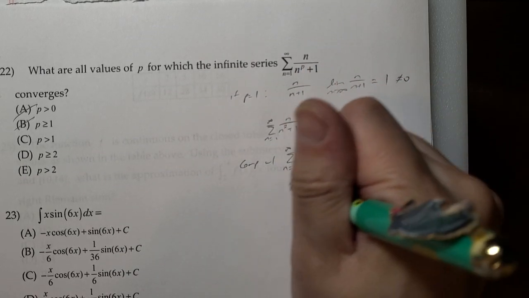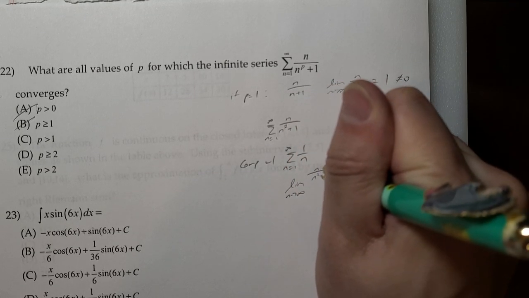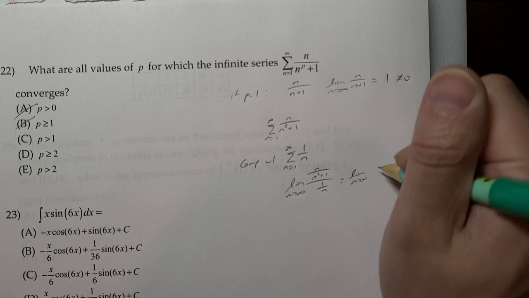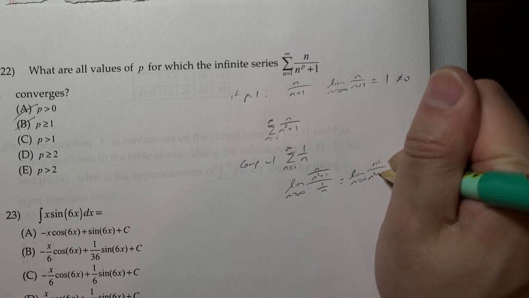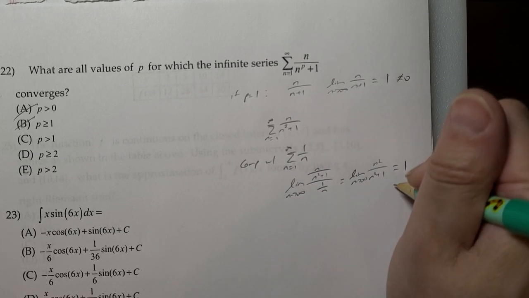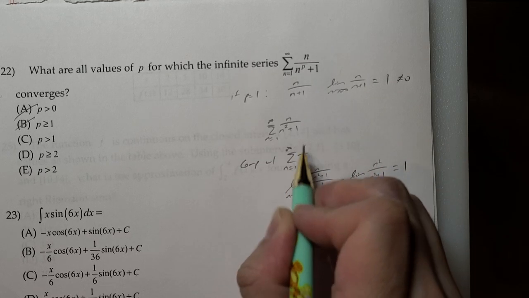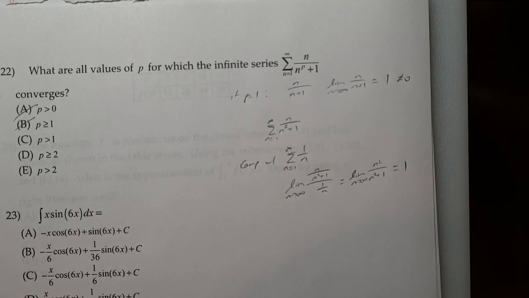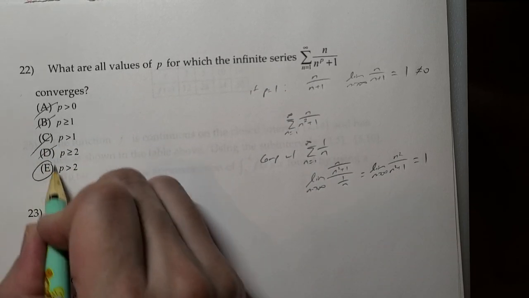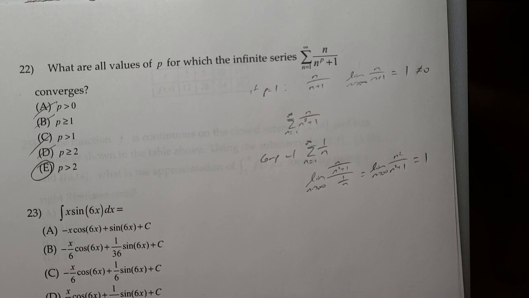It will be the limit as n goes to infinity of n over n squared plus 1 over 1 over n, which is the limit as n goes to infinity of n squared over n squared plus 1, which is equal to 1. That's the limit. This is greater than 0 and less than infinity. So since this guy diverges, this guy also diverges by the limit comparison test. So it cannot equal 2 either. So we eliminate those two. Answer is E. Okay, that's how I would approach that.